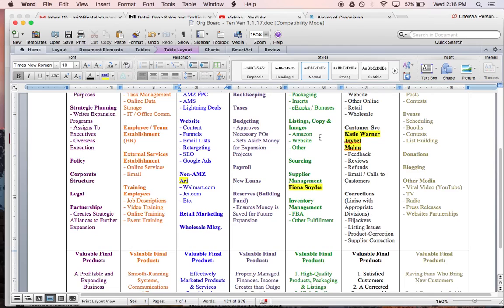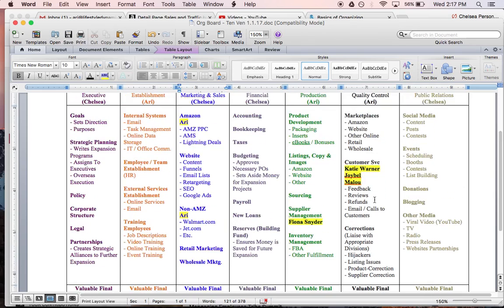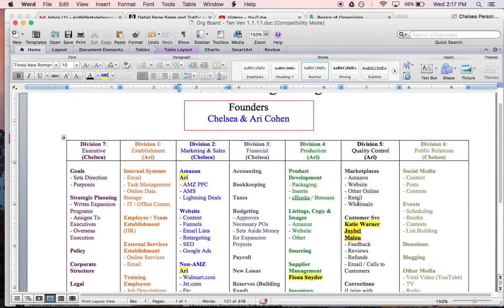If Division 4 is producing an inferior product, let's say we're selling pens, and the pen is just leaking and customers are complaining about it, these guys are going to find it through customer service, feedback, and reviews, and then the corrections team is going to go, hey, you guys got to fix your pens because we're getting complaints, and since we're above you, I can have you fired if you don't fix your pens. Your quality has to be superior, right? So this is the main reason why companies fail, a lack of quality control.